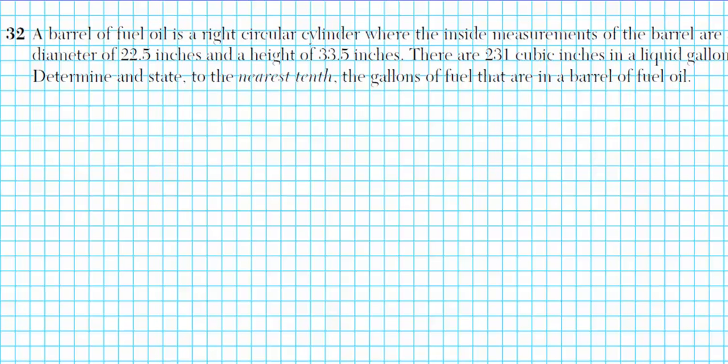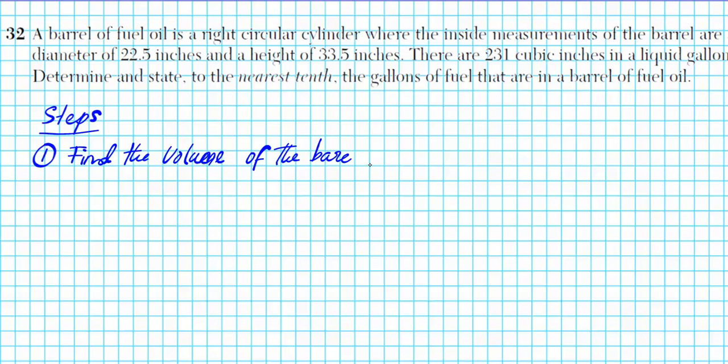Okay, so let's go over the steps that we're going to be using to solve this problem. Step number 1 is to find the volume of the barrel, and it's going to be in cubic inches.